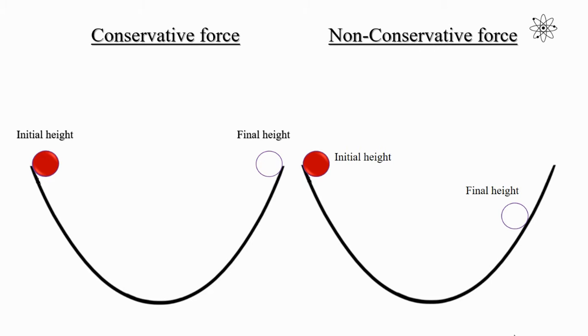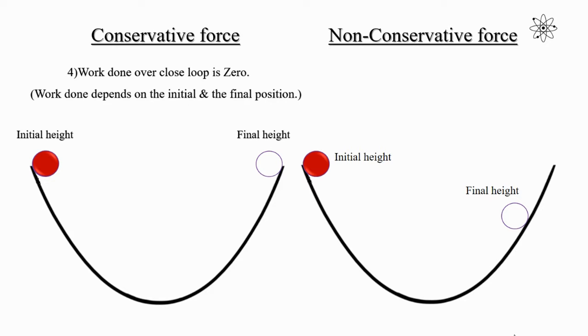That is, the initial position and the final position of the ball are the same. Hence, its displacement is zero. From this, we can say, student, in the conservative force, work done over a closed loop is zero. Work done depends upon the initial and the final position in the case of a conservative force.